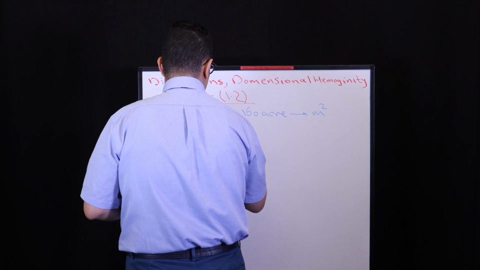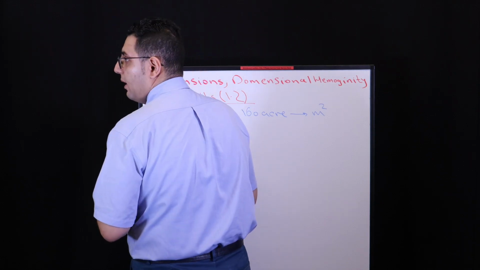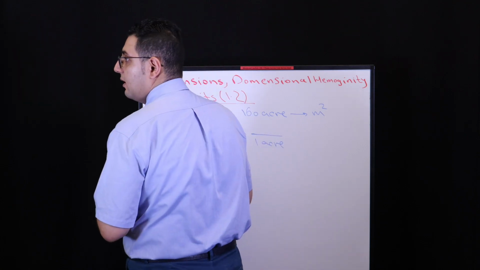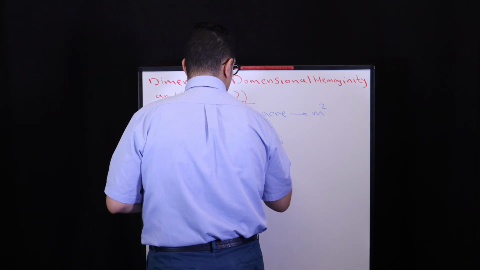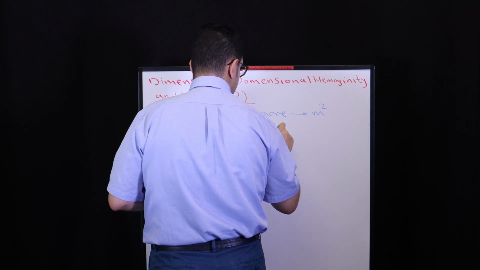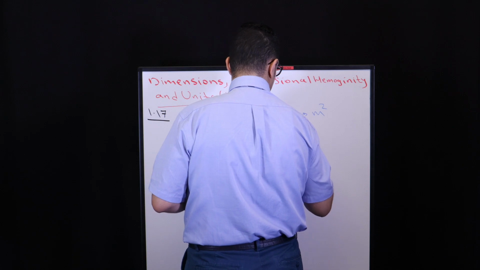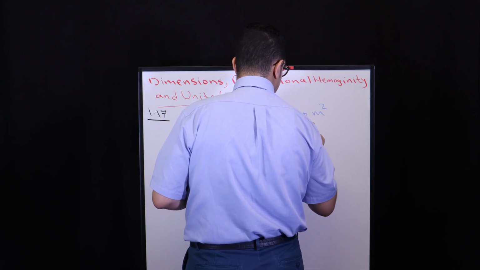160 acres multiplied by each acre is 4.356 multiplied by 10 to power 4 square feet.